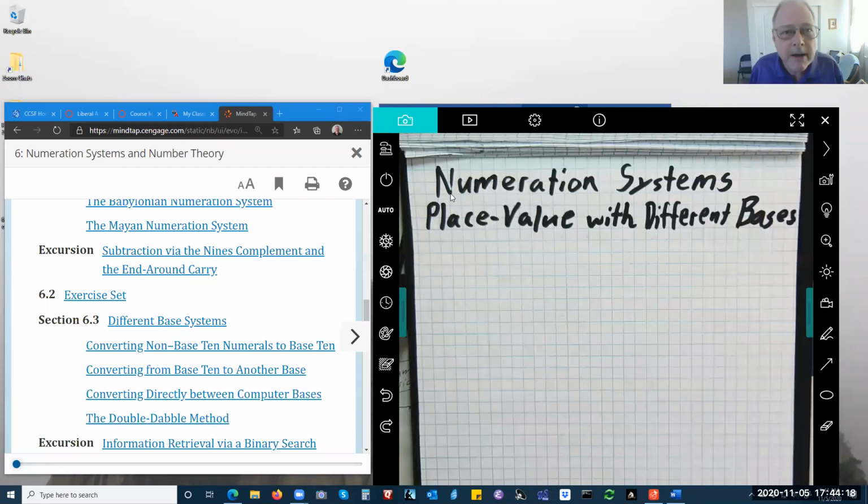I'm going to start out by writing down something about how the base 10 system works for comparison, and then I'm going to do another example.